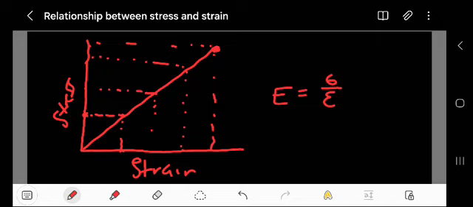Necking is the stage where the cross-sectional area of the test piece, or any object that you're using, reduces and becomes much less. Then the force you apply, you're no longer applying much force. It's all about that in the actual case.